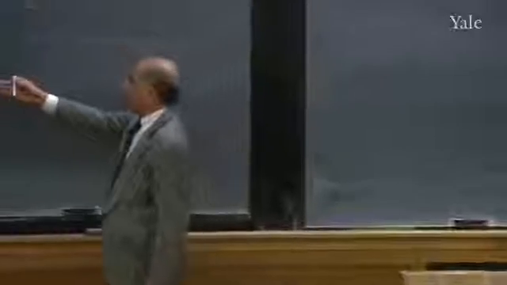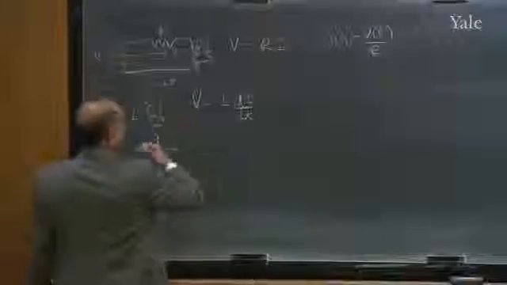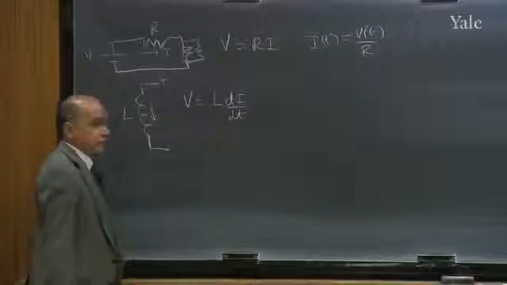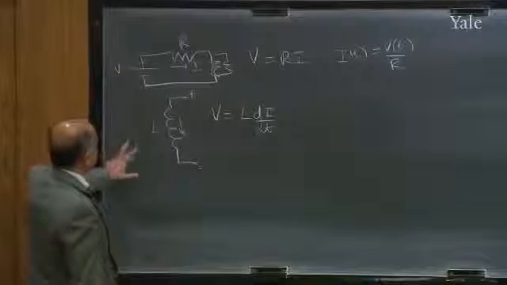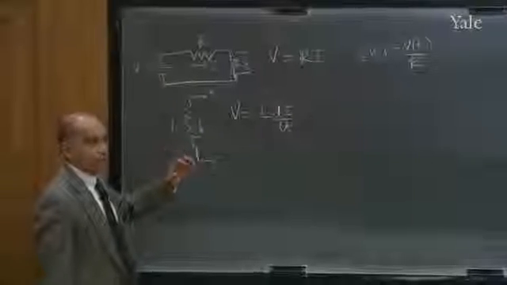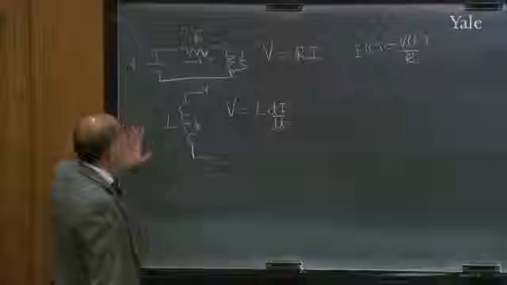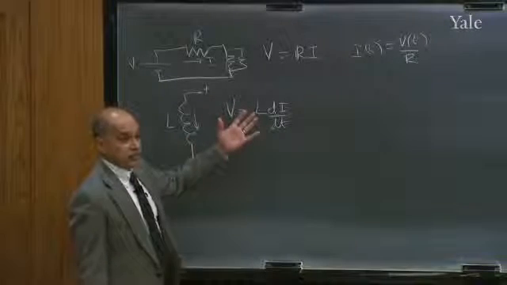So this one, even though it's called a differential equation, if V is a constant, we can easily find the integral. It will be V over L times t. But now we're going to be interested in cases where V is not simply a constant. It could be varying with time in an arbitrary way. The first thing you notice is that the relation between current and voltage is given by derivatives.